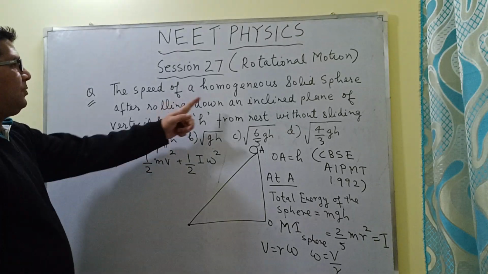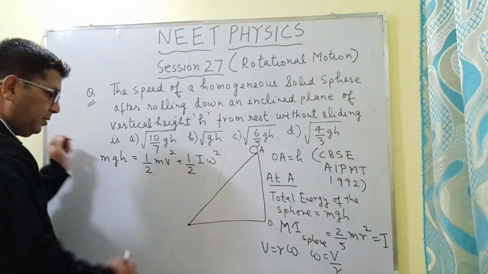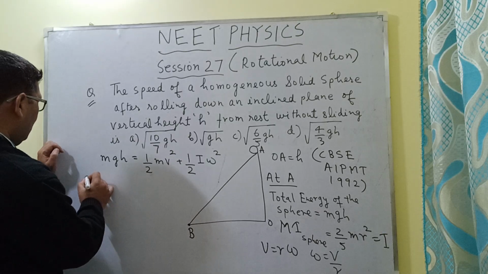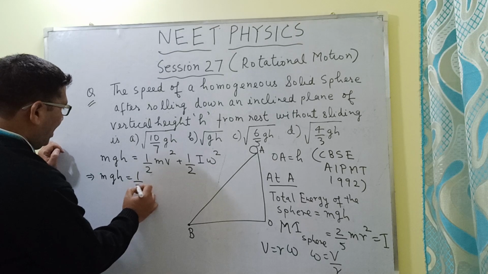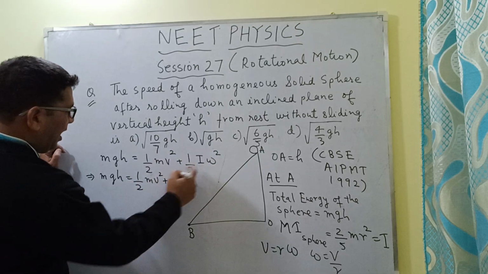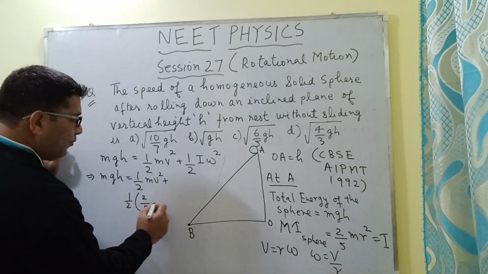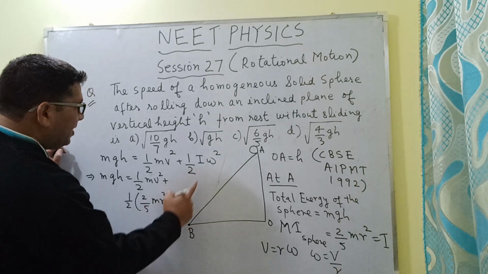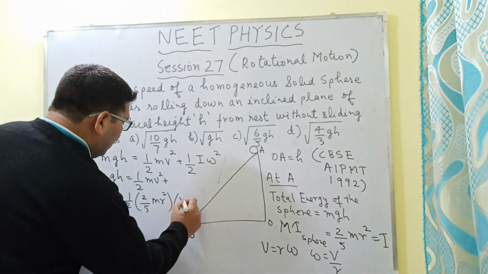V is the speed of this homogeneous solid sphere at this point B, that is the bottommost point. So it implies that mgh is equal to half mv square plus half I omega square, where I is 2 by 5 m r square, and omega square is v square by r square.